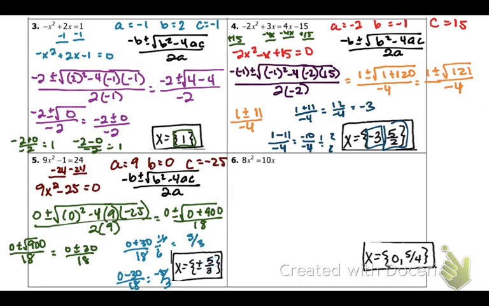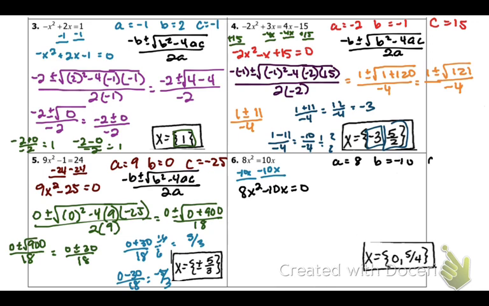Alright, number 6. Now we have 8x squared plus 10. I'm not going to do this one. You guys will do this one, but I'm going to help you out by setting it up. So first things first, set it in standard form. I'm going to be left with 8x squared minus 10x is equal to 0. Now identify your terms. A is 8. Your B is negative 10.